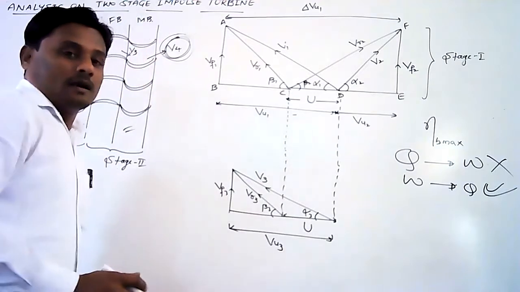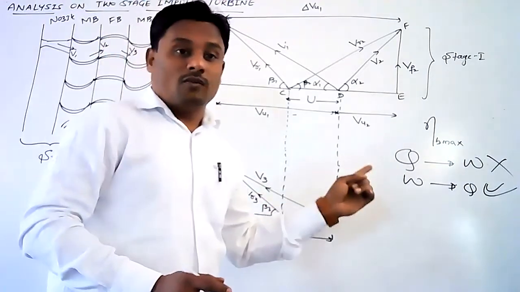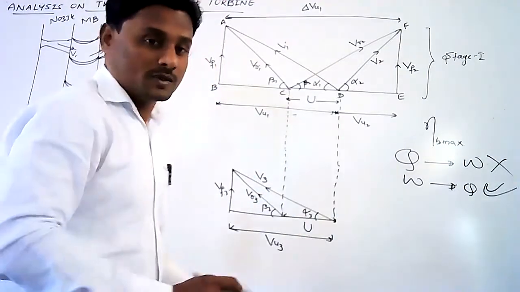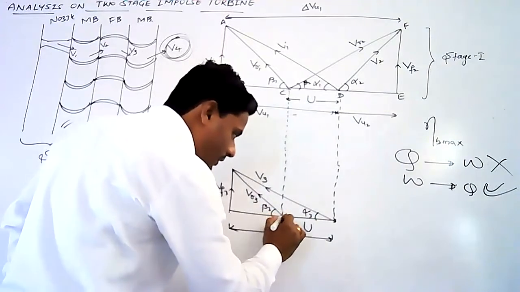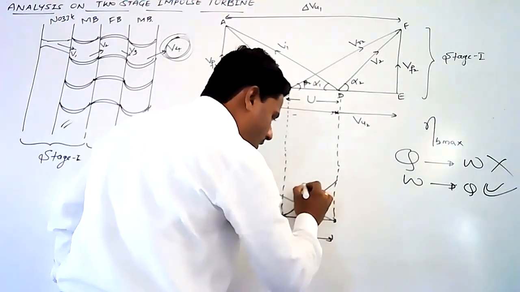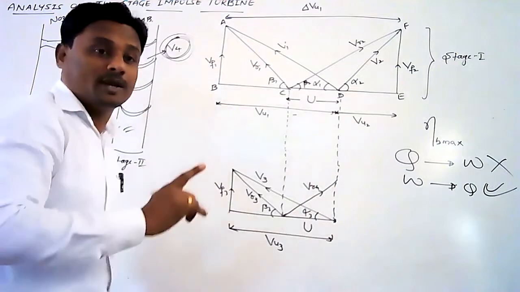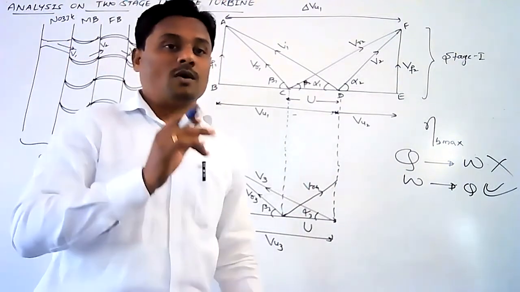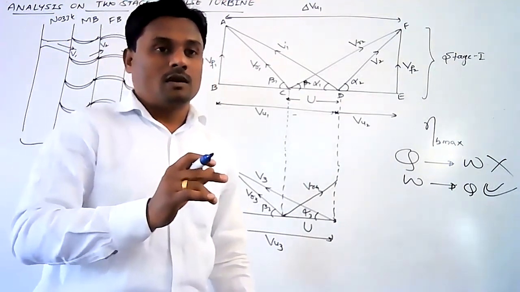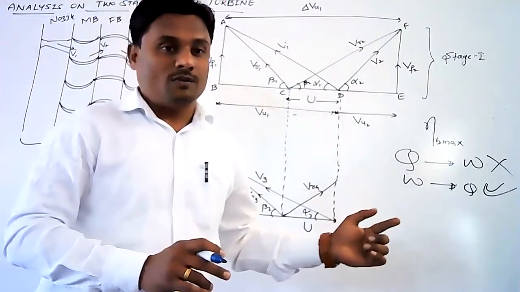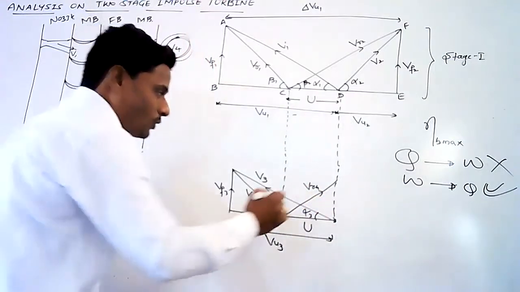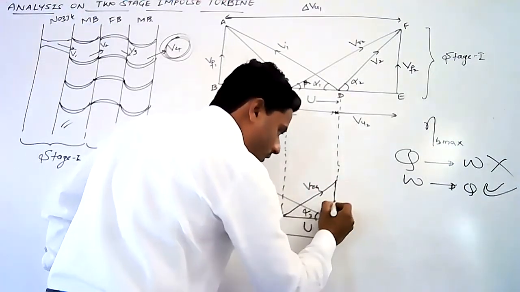Now this velocity triangle is strictly for the condition for maximum blade efficiency. Here, this is VR4 as it is, but while drawing V4, we should be very careful, because if you want to get the minimum velocity V4, then V4 should be equal to VF4.